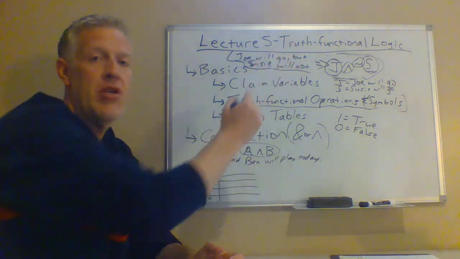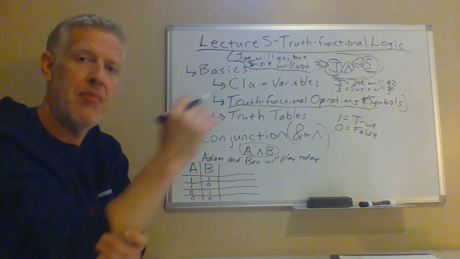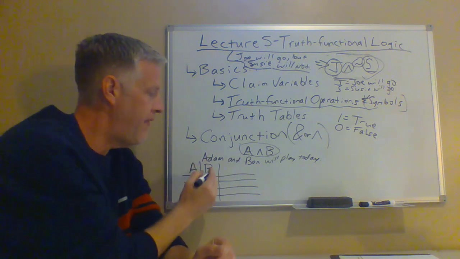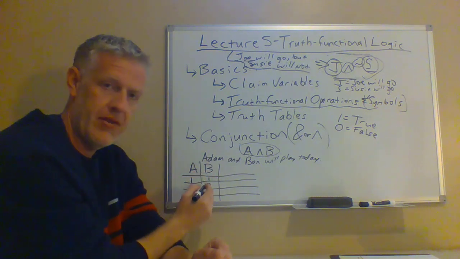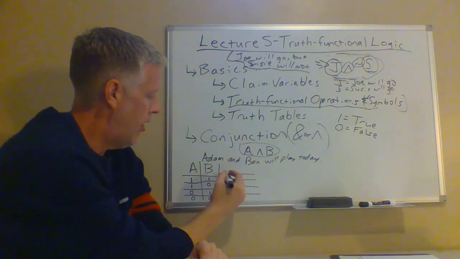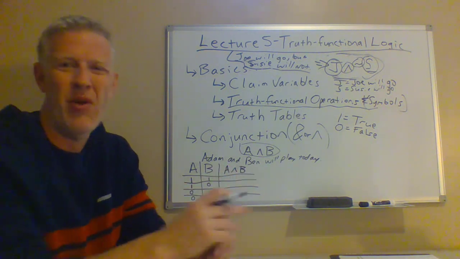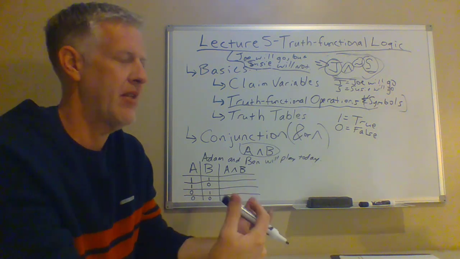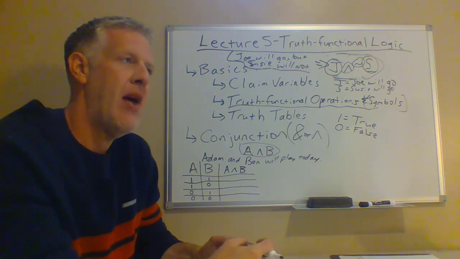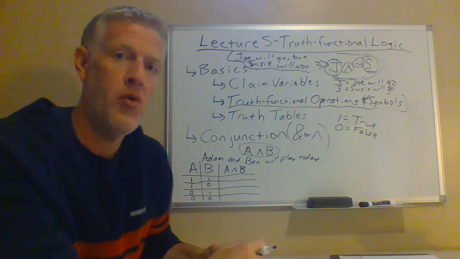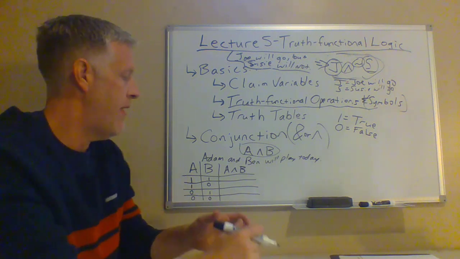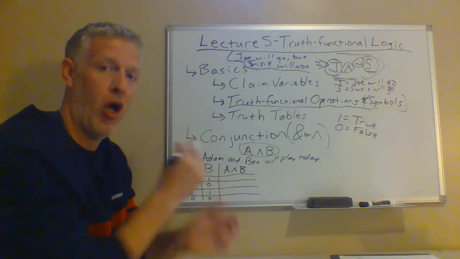That's why we call what we're doing here truth functional. It hinges on the truth values of the constituent parts that comprise it. Okay, so for a conjunction, you kind of want to memorize this basic sort of rule. If you think about it, when is a conjunction going to be true? It's only going to be true, okay, if both things are true, both of the conjuncts, right?